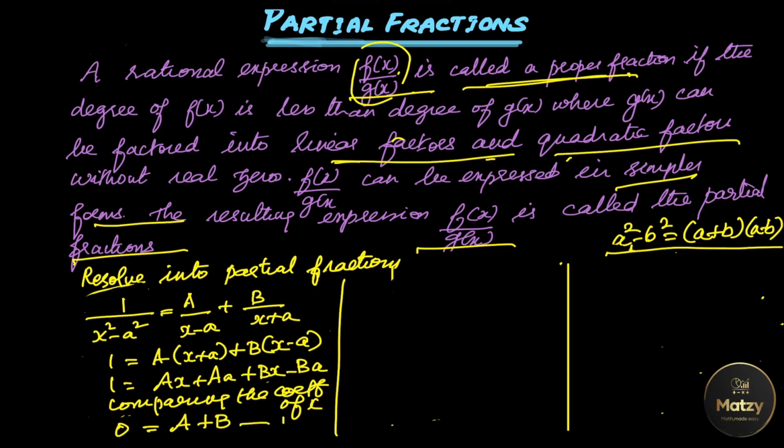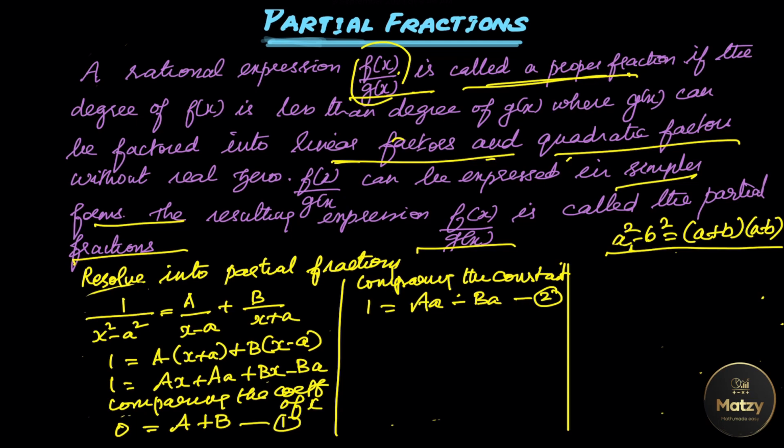This is the first equation. Now comparing the constants. What is the constant here? 1. 1 is equal to A into small a minus B into small a. Okay. Now, this is the second equation.